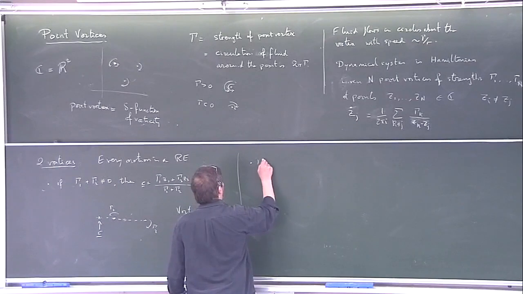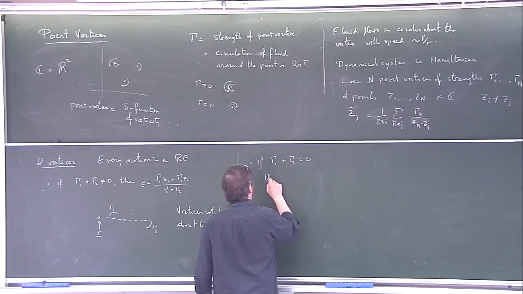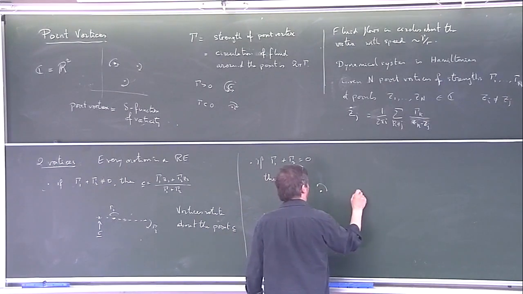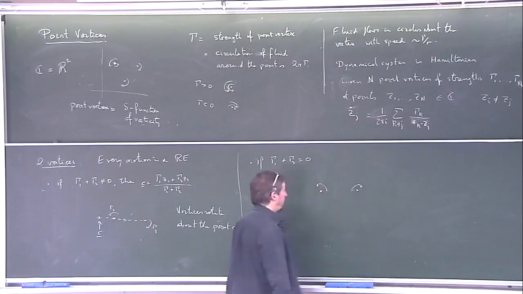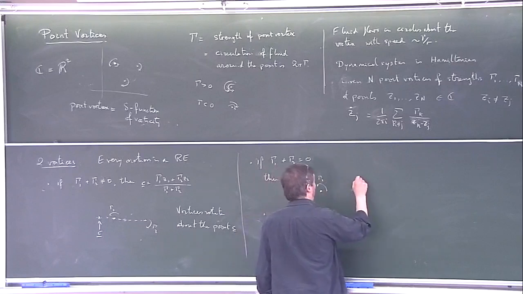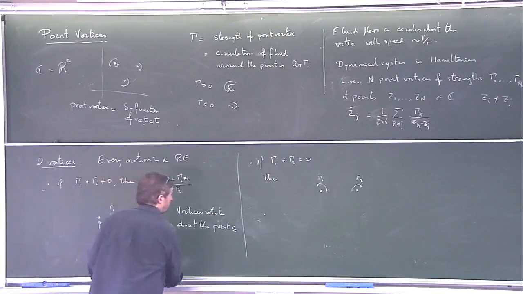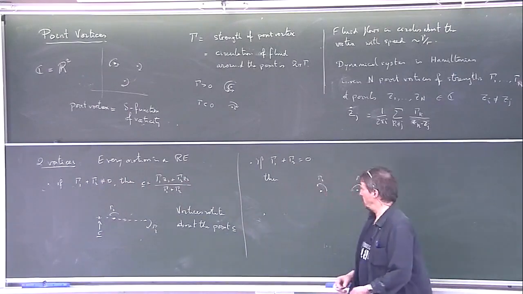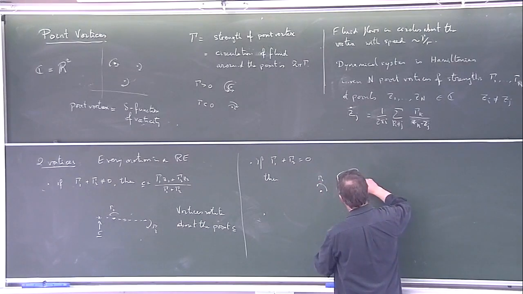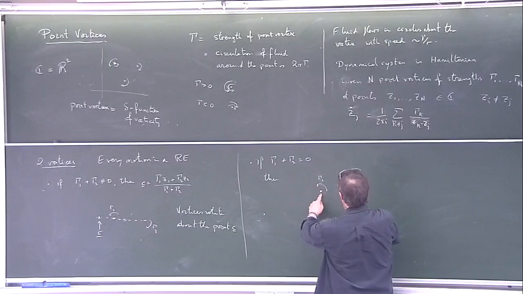While if they are equal and opposite, what directions do those two move in? Well, this is rotating this way, so this will move. If this is fixed, this will go in a circle around here.